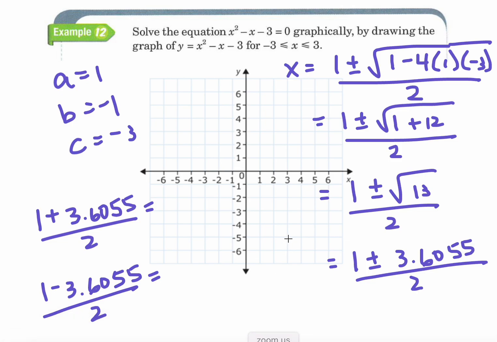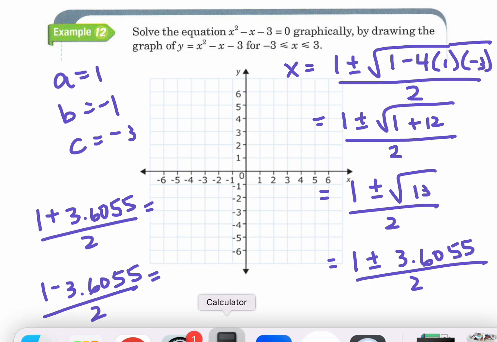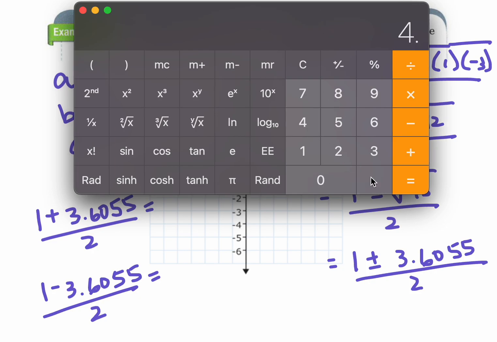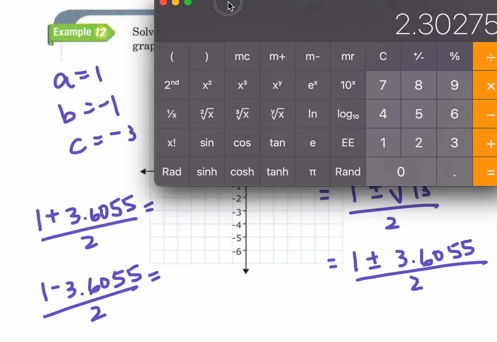All right, so I am going to use my calculator again, and I'm going to put in 4.6055, that's after I added, divided by 2. Take that and round to the nearest tenth. 2.3 then.